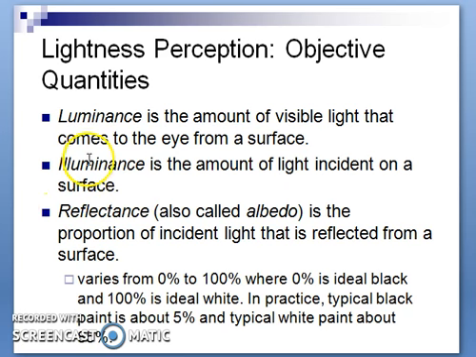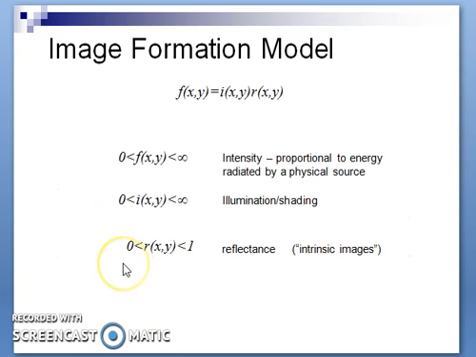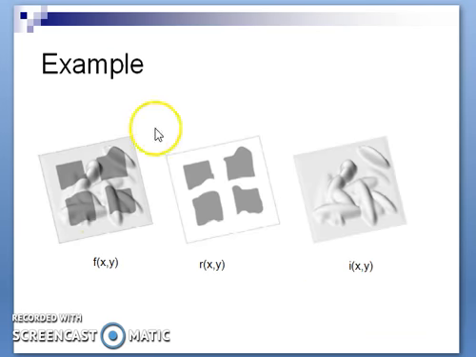Luminance is the amount of visible light that comes to the eye, illuminance is the amount of light incident on a surface, and reflectance is the proportion of incident light that is reflected from a surface. The image formation model, that is f of x, y, what we were discussing as the two-dimensional function, depends upon i, the intensity component, and r, the reflectance component. Now, this is how we visualize the image, the reflective component and the illumination component.